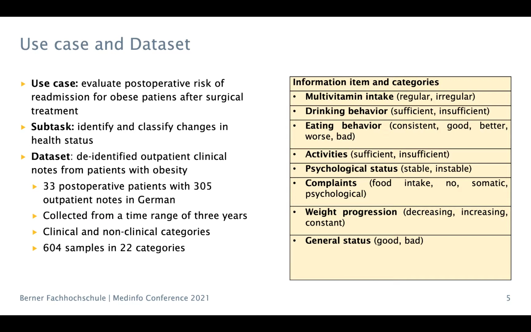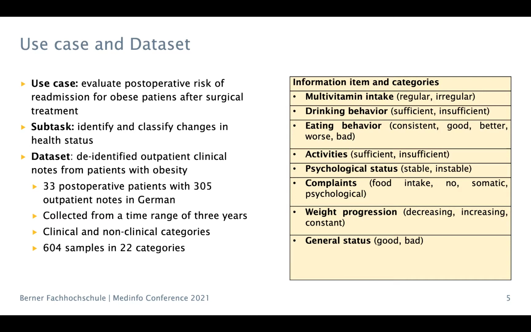So the particular use case I have in mind is that I would like to evaluate the post-operative risk of readmission for obese patients after surgical treatment using only the discharge summaries, so the documents that are generated when patients are interrogated after the surgery.